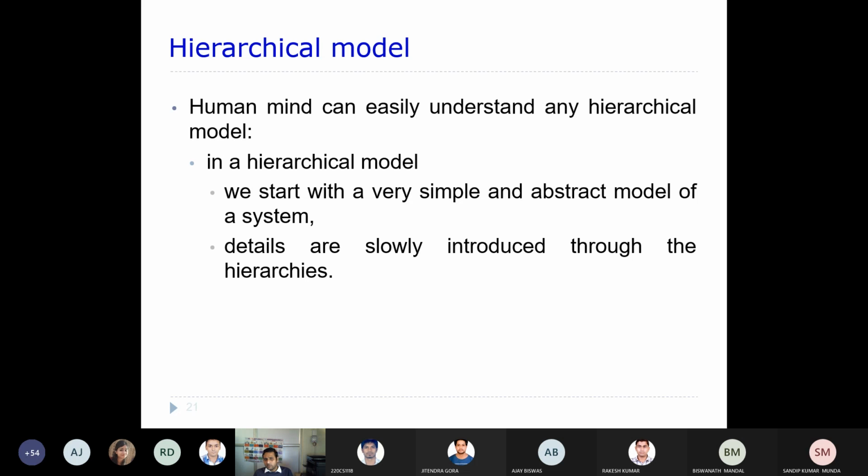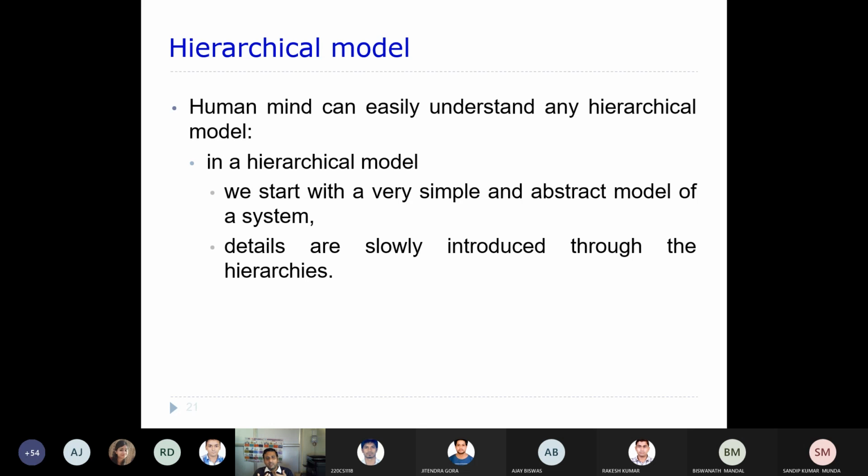In any hierarchical model, we start with a very simple and abstract model of a system, and details are slowly introduced as you go from top to bottom. At the top level you see the car, which is the only large, complex problem.